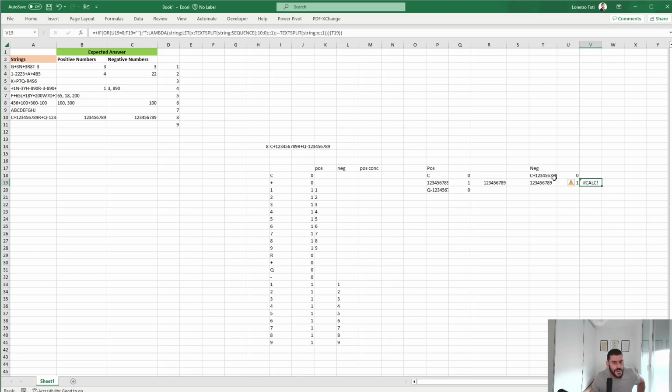This is going in error because I cannot split, so I need to wrap it in IFERROR. I want this.